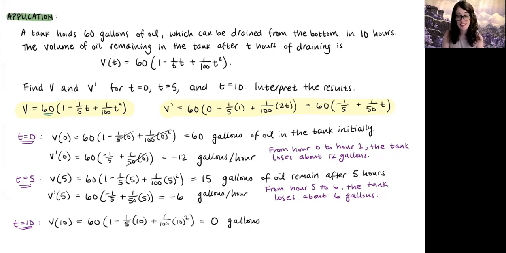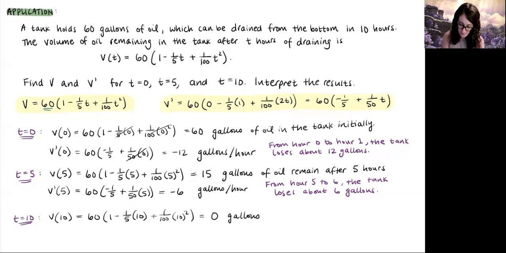That makes sense because at 10 hours, it tells us that the tank will be drained. So when t equals 10, there are 0 gallons of oil remaining after 10 hours.